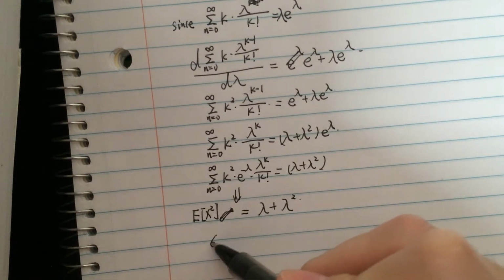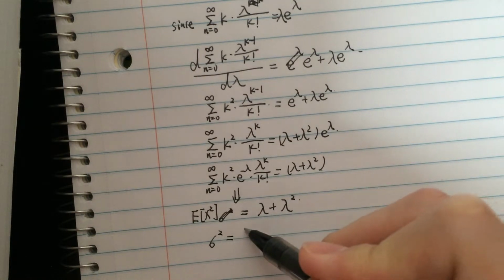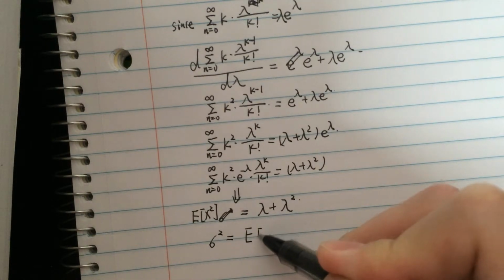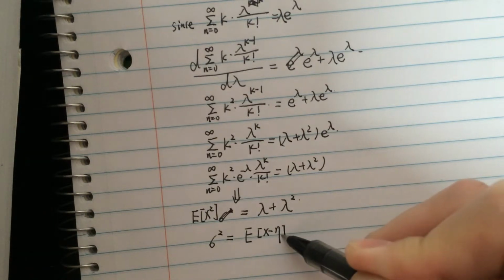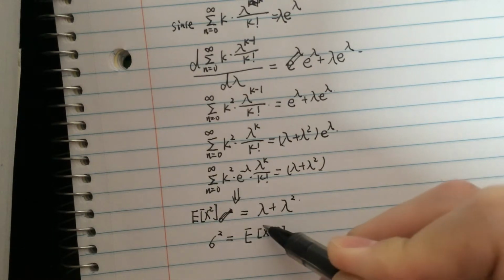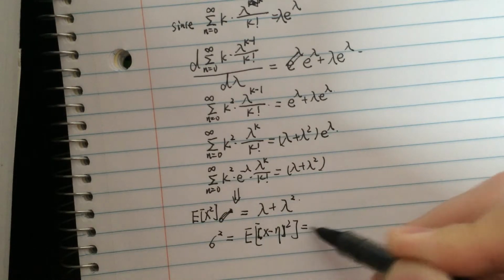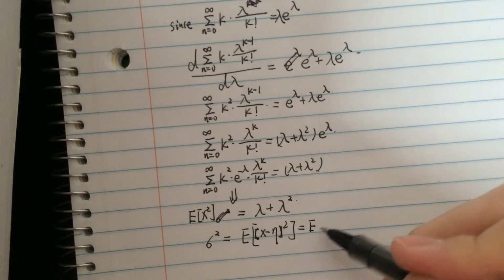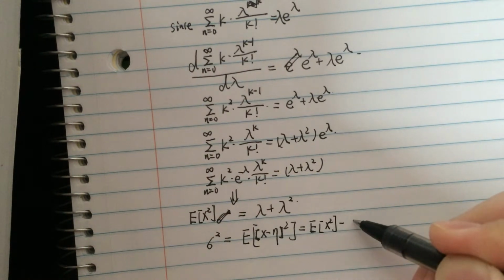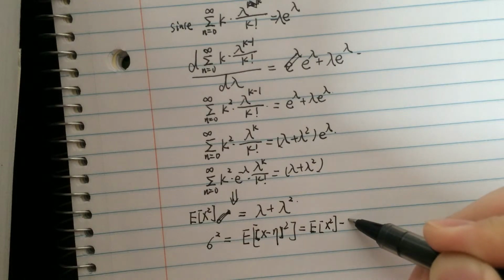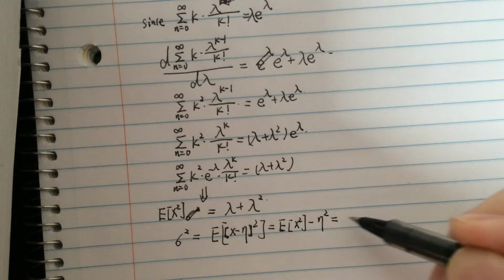So the variance is equal to E of (X minus the mean) squared, which equals E of X squared minus the mean squared.